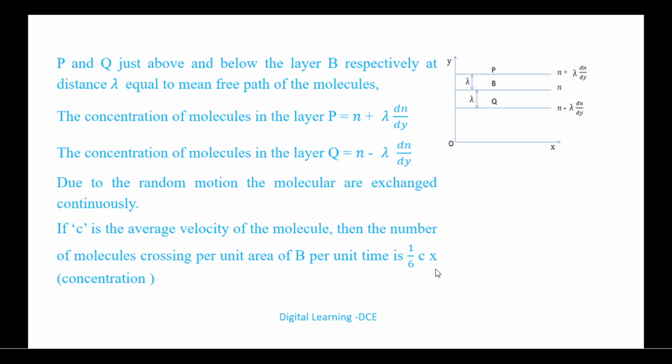That is, on average, the number of molecules crossing unit area of layer B in unit time is equal to 1 by 6 into c into concentration.